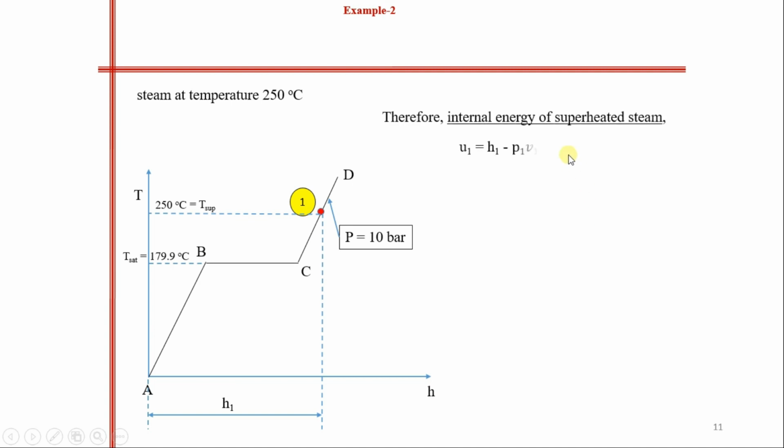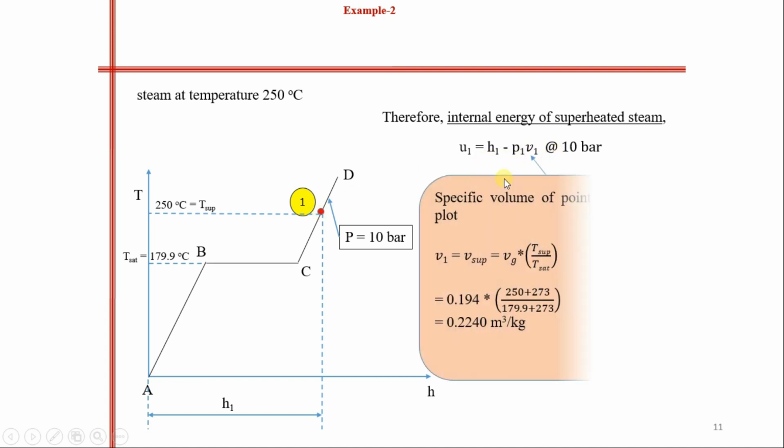Now the internal energy of superheated steam, U = H minus PV, therefore U1 = H1 minus P1V1. I am mentioning P1 because here we are given two pressures. First we are finding the internal energy of the initial state, point number 1. H1 we have already found, P1 is 10 bar, and V1 is the specific volume.